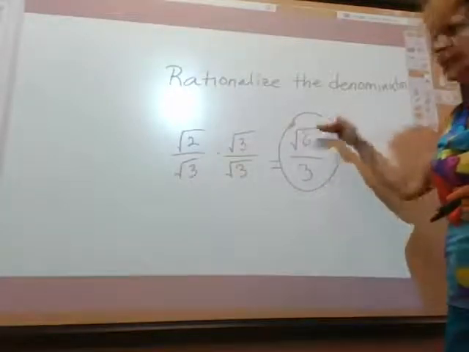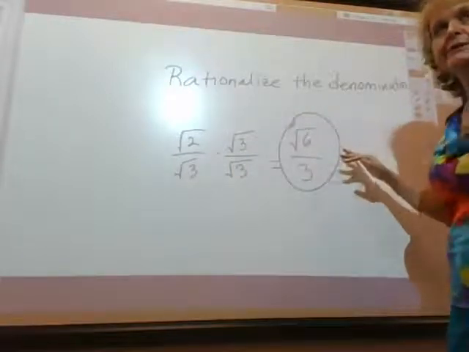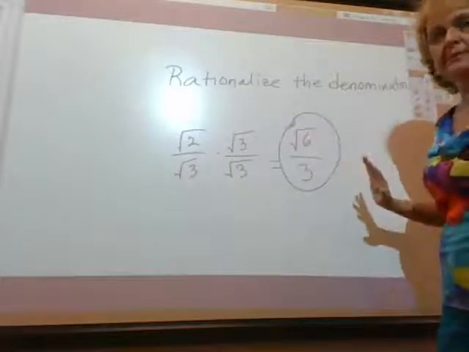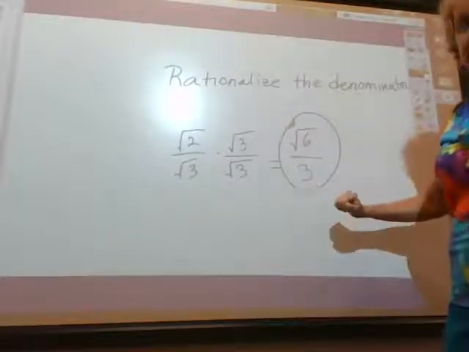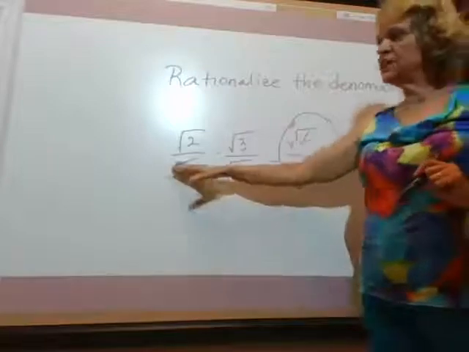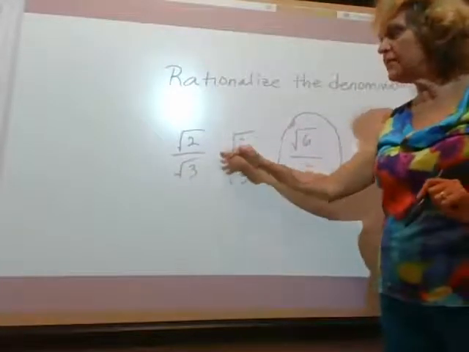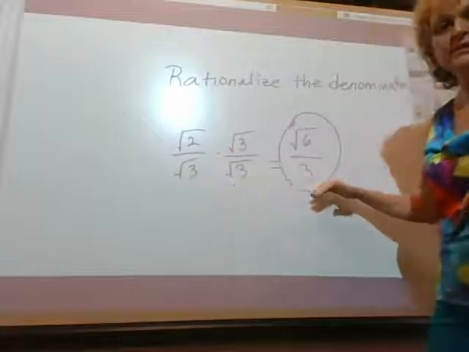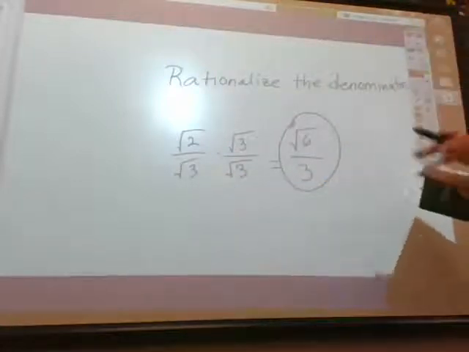You can't have radical 6 divided by 3 and get square root of 2 or 2. Doesn't happen. And why again? Because we're not allowed to leave radicals in the denominator. So we're going to multiply by 1 in a form that will allow it to come out as an integer. All right, so let me do another one. Make sure we got this.